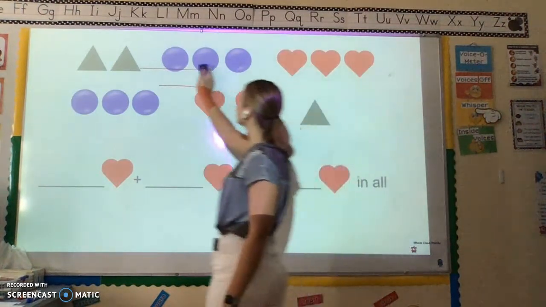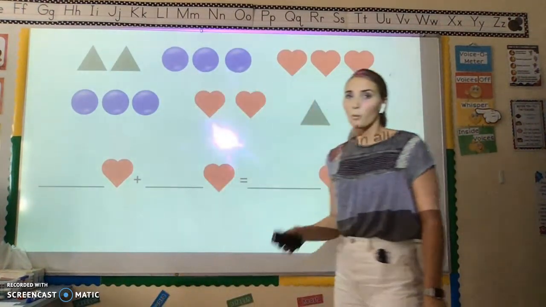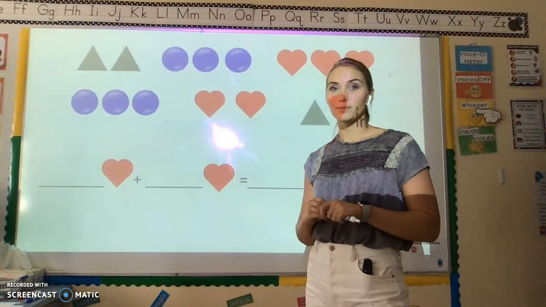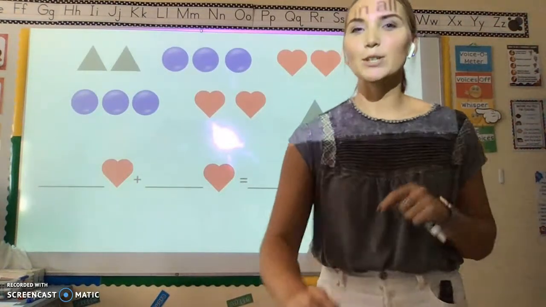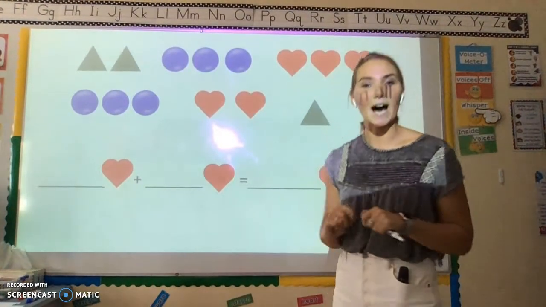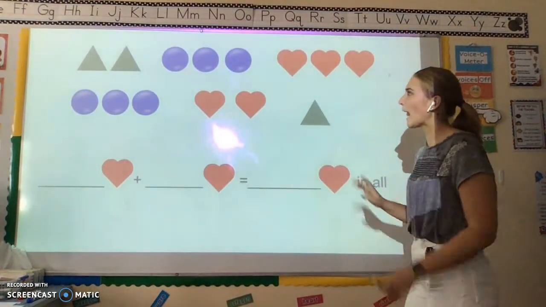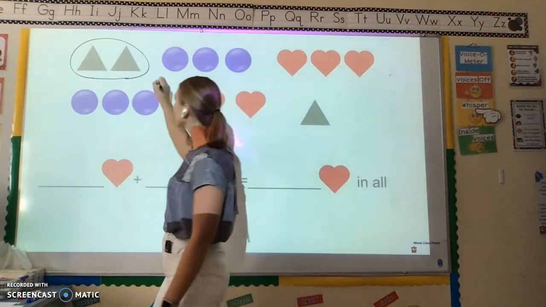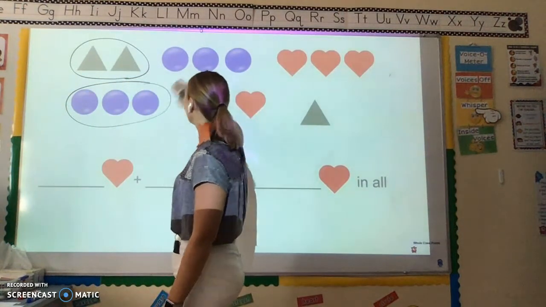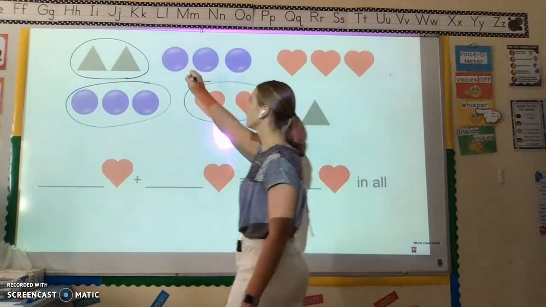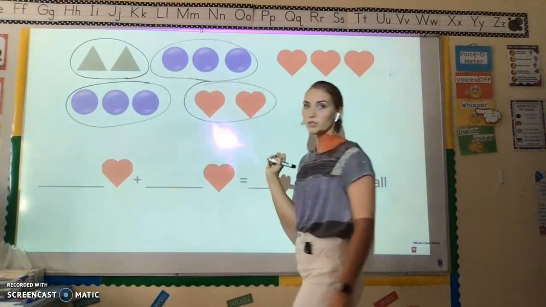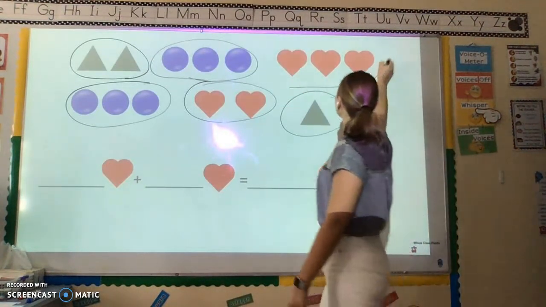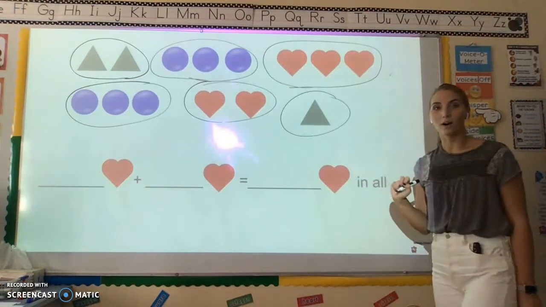So, our last example today, boys and girls, we don't have numbers here. So we will not be adding numbers. Or will we? We are going to use the pictures to find our math problem. So, I see a group of triangles. I see a group of circles. A group of hearts. Another group of circles. Another triangle. And another group of hearts.